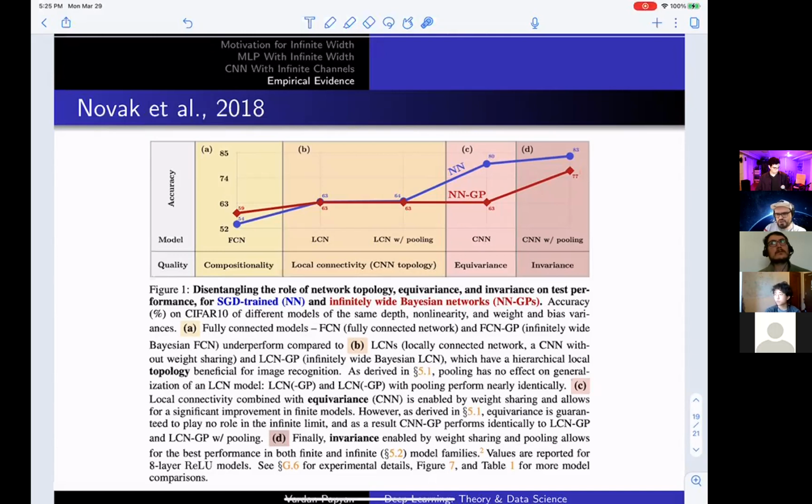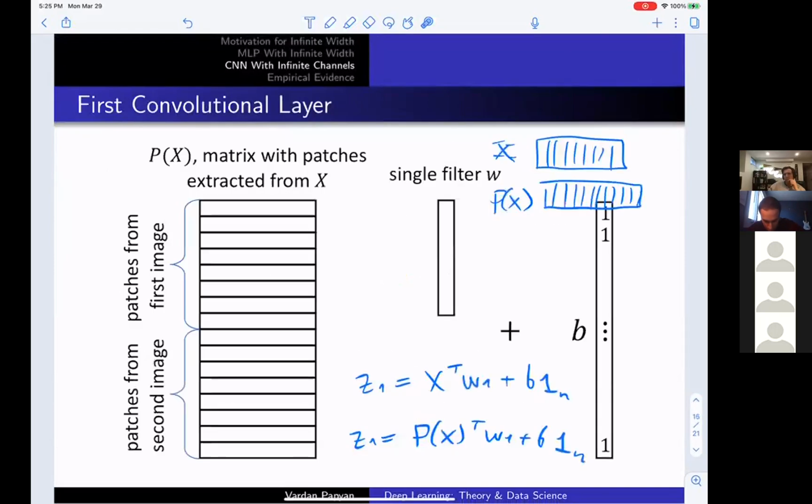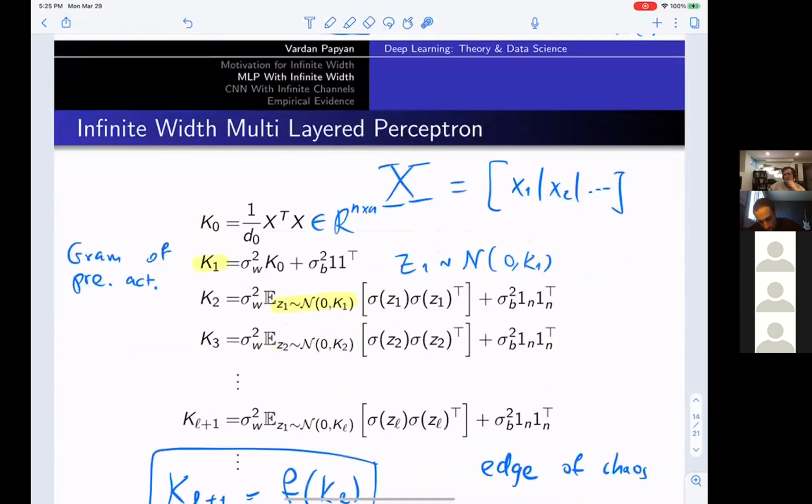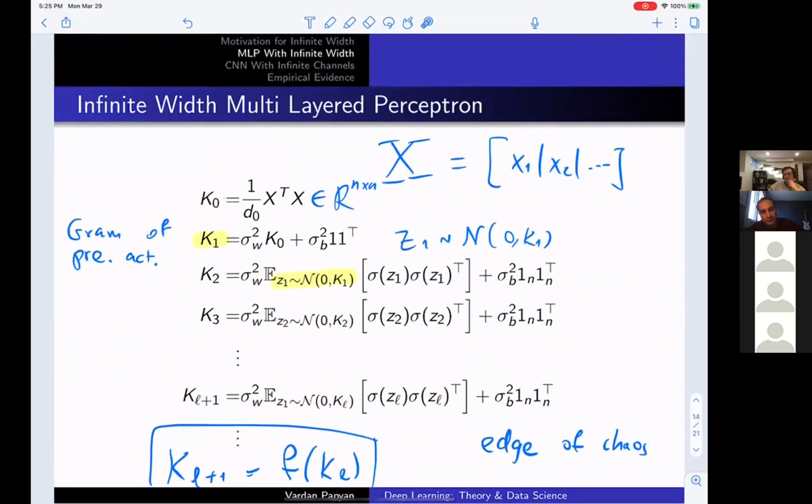I should really stress one thing, which is that the infinite width networks here are not being trained. Is that clear? There's no training involved in the infinite width networks, because you just calculate these equations right here. You can either use something like Monte Carlo, or you can analytically calculate it.